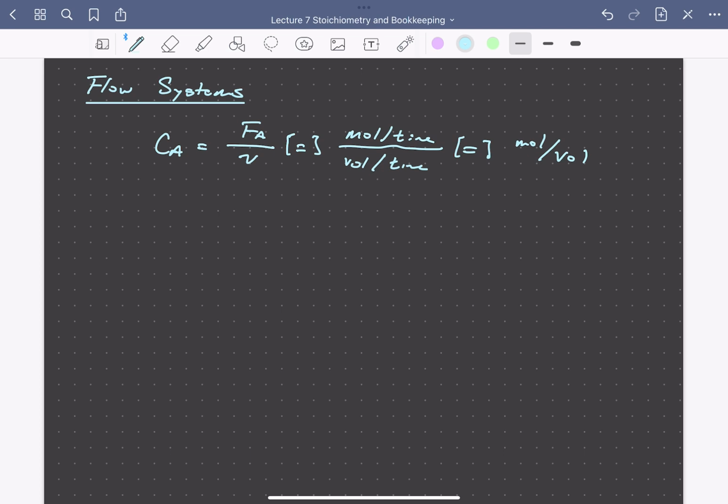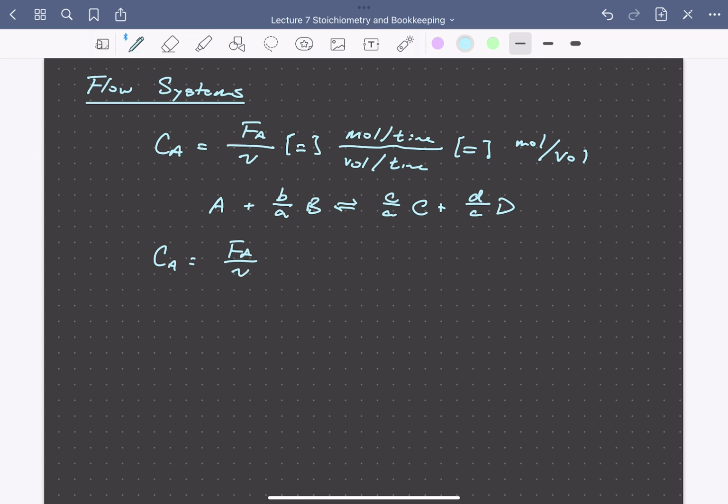Okay, so again, going back to our general reaction, where we've divided everything through by the stoichiometric coefficient of A to put it on a per mole of A basis, we can write the concentration of every species as its molar flow rate divided by the volumetric flow rate.